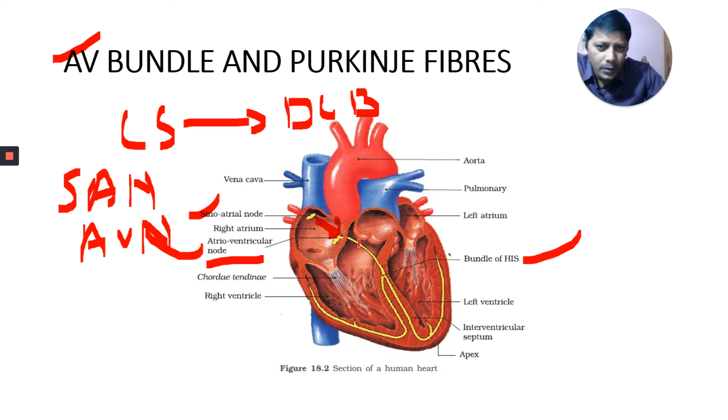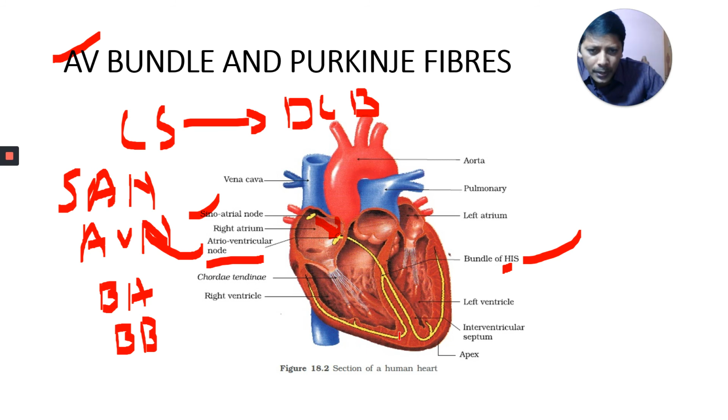From the atrioventricular node, the signals come to the bundle of His, which is the name of the scientist. From the bundle of His, the signals come to the bundle branches. These two are called the right bundle branch and the left bundle branch.